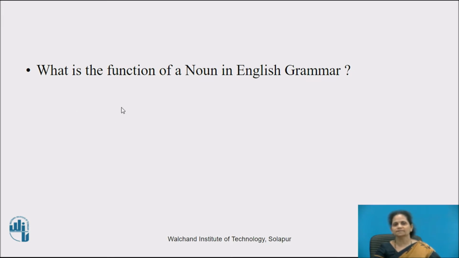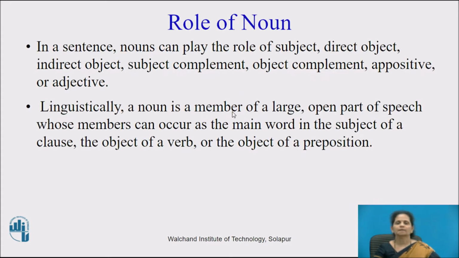So, let us first discuss this question. What is the function of a noun in English grammar? Take a pause, think about this question and try to give the answer. So, the role of noun. In a sentence, nouns can play the role of subject, direct object, indirect object, subject complement, object complement, appositive or adjective.